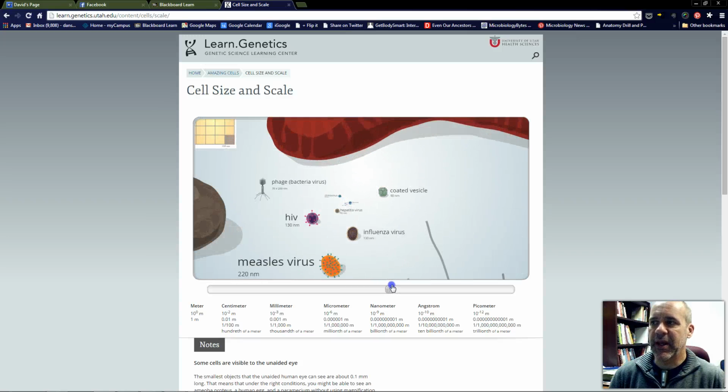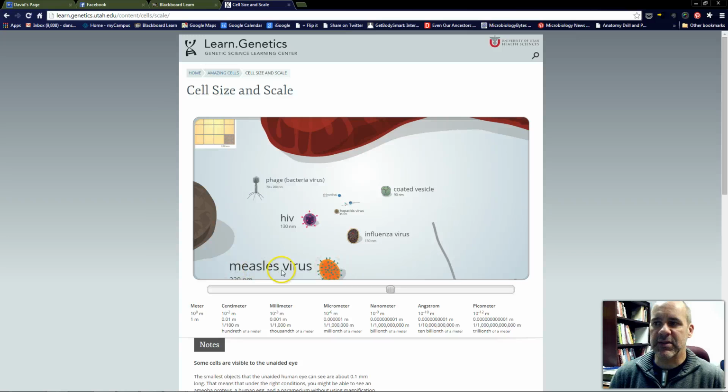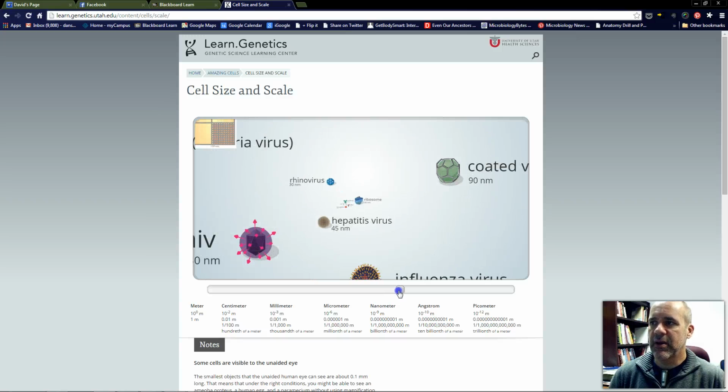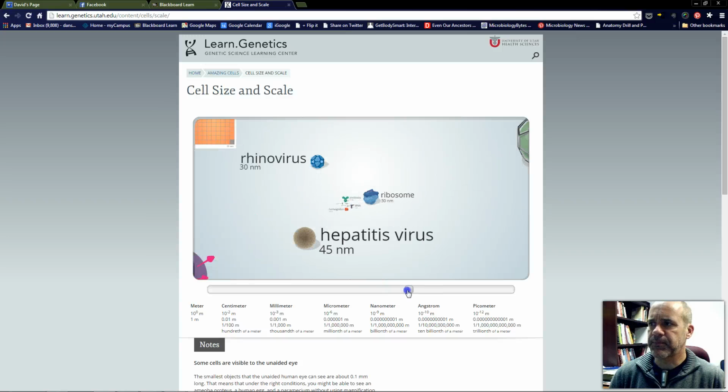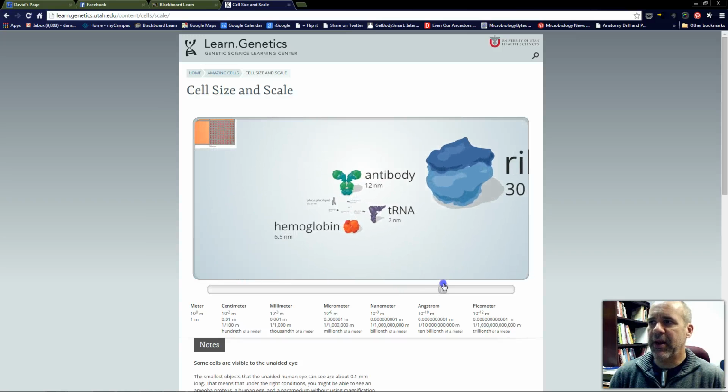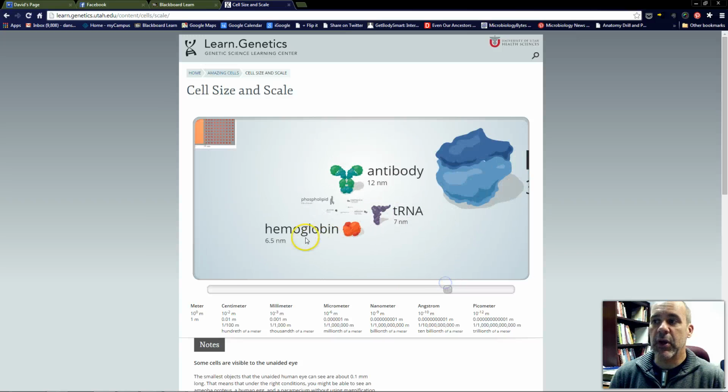And as you keep zooming in, here are some example viruses like the measles virus, HIV, influenza virus. So viruses are really, really, really small. They're very tiny. They're smaller than bacteria. And if you keep zooming in, you wind up zooming into things like hemoglobin. You studied that if you took Biology 202.